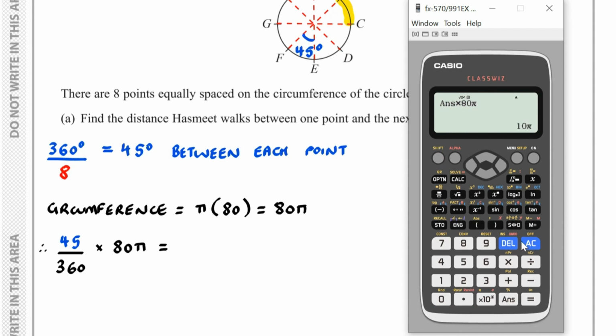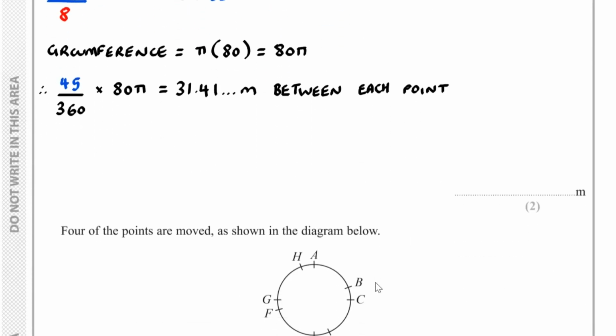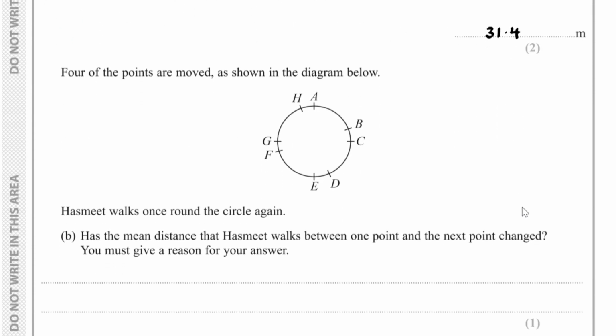And it turns out we get 10 pi, or in other words 31.41 etc. meters between each point. So we have 31.4 meters.